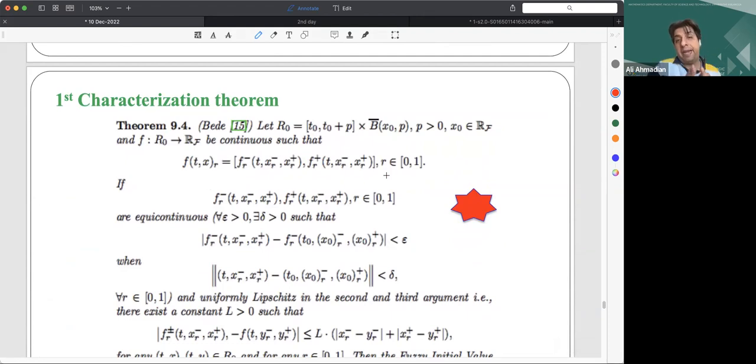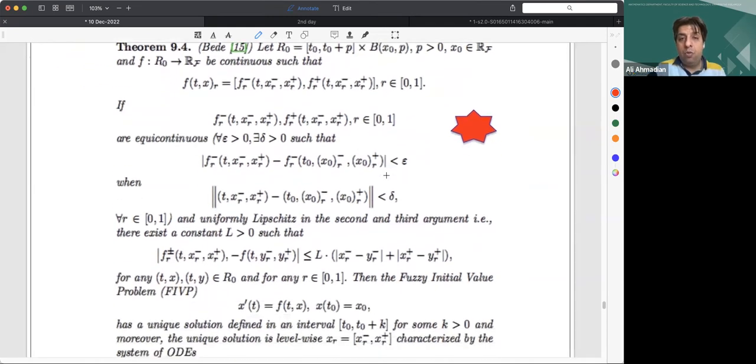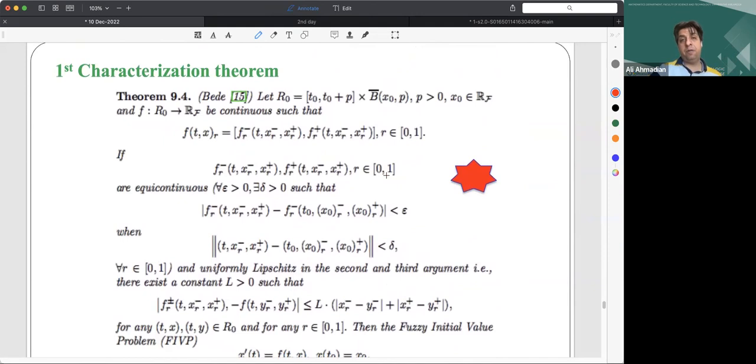Follow the first characterization theorem. It is important because of the details, so you can read it later and see what the conditions are. The output is important. This characterization theorem says that if we have a fuzzy function, get the r-cut of this fuzzy function, the left side and right side.